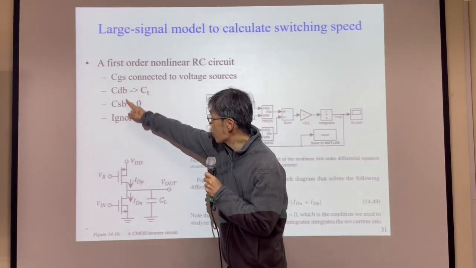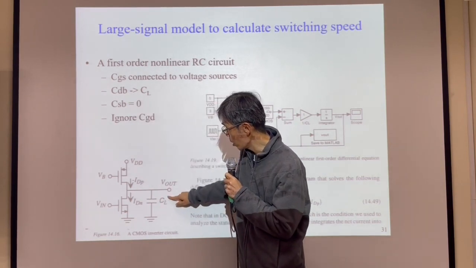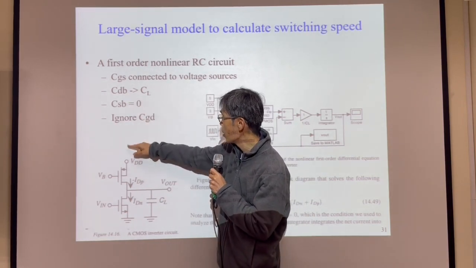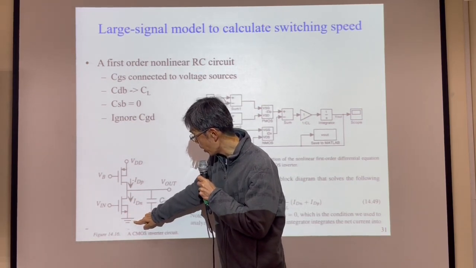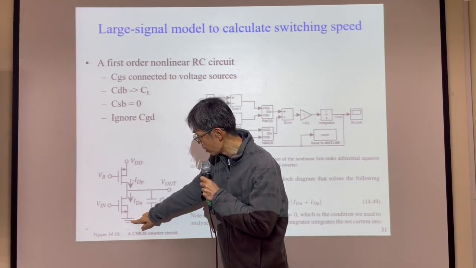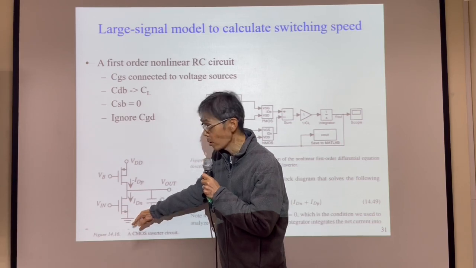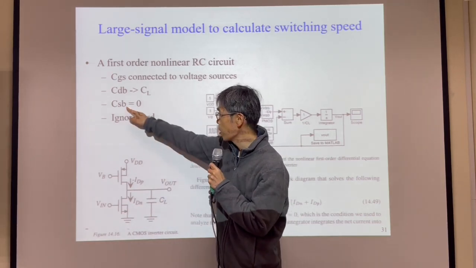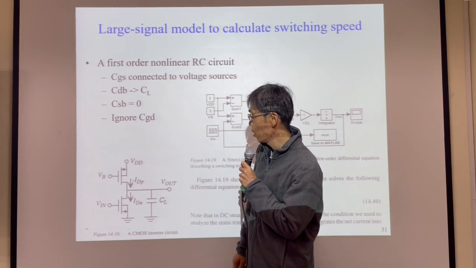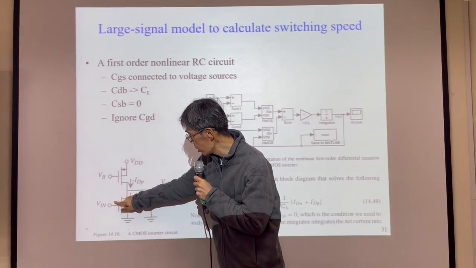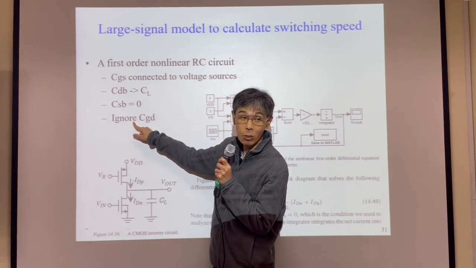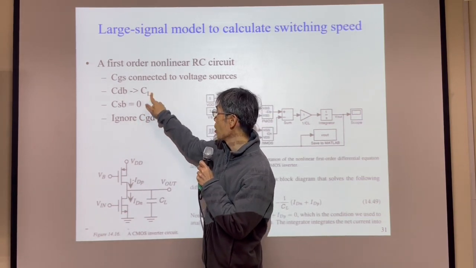So for drain-bulk capacitance, we just use CL to model it. And for CSB, source to the bulk, because source is grounded already, source to ground there's no capacitance. CSB equal to 0. And CGD, this is gate, this is drain. We ignore CGD. So CL here.